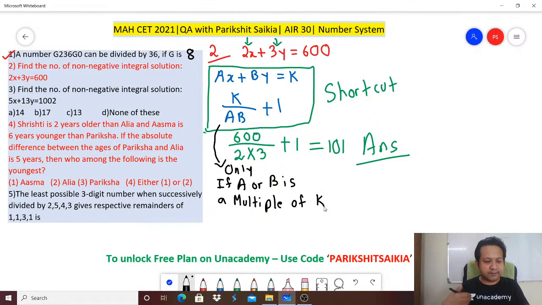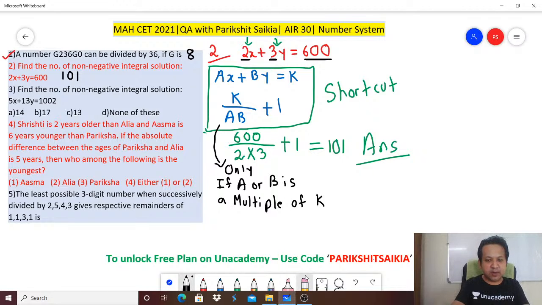Definitely, you are correct. Your observation is perfectly correct. So when I say multiple of k, what do I mean? K is 600. Can you see? 600 is a multiple of 2 and also of 3. Hence, you can apply this shortcut. So your answer is 101.